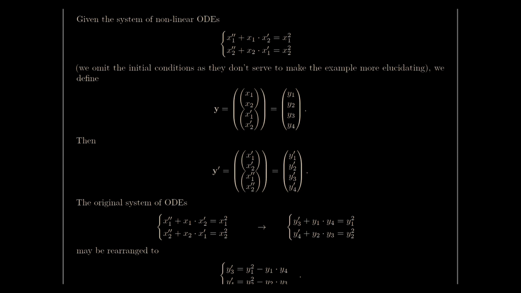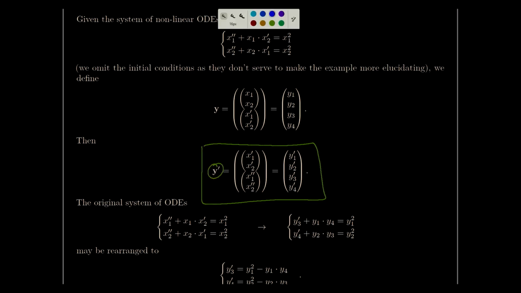I'll notice that I always need to set y to be the first 2 entries, and those have to be the actual dependent variables I'm trying to solve for. That's going to be x1 and x2 in this case. And then future entries are just going to be derivatives of the earlier ones. So I'm just going to take derivatives of earlier entries to give me my later entries. And then I can immediately pass derivatives through y to get that y prime is now x1 prime, x2 prime, x1 double prime, x2 double prime.